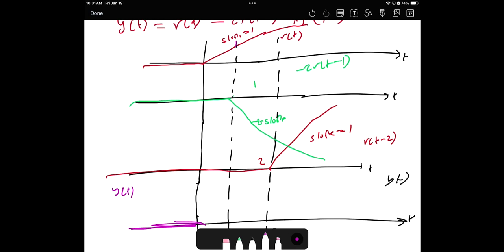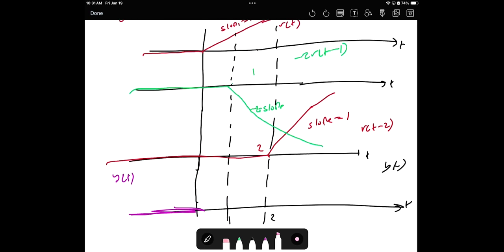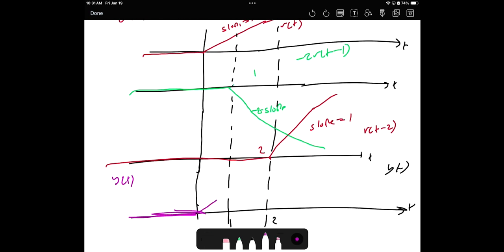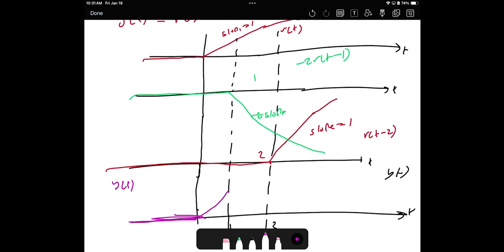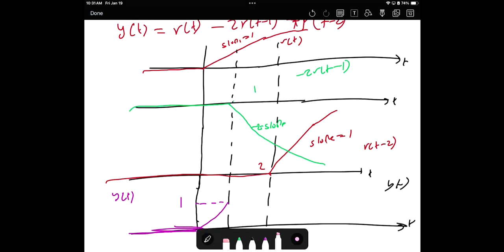Now, in this region, the slope is 1 and the rest are zeros, so it will go up with slope 1 until reaching 1. In the other region, the slope is 1 and the slope is negative 2. So 1 plus negative 2 is negative 1, right? So the slope will be negative 1.